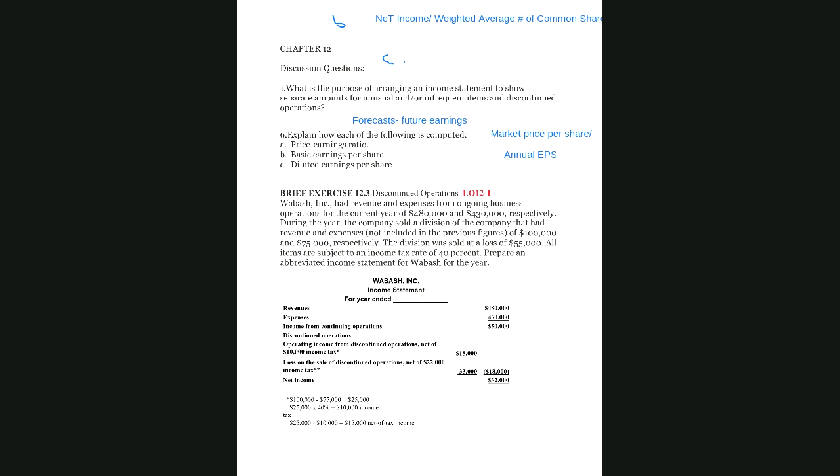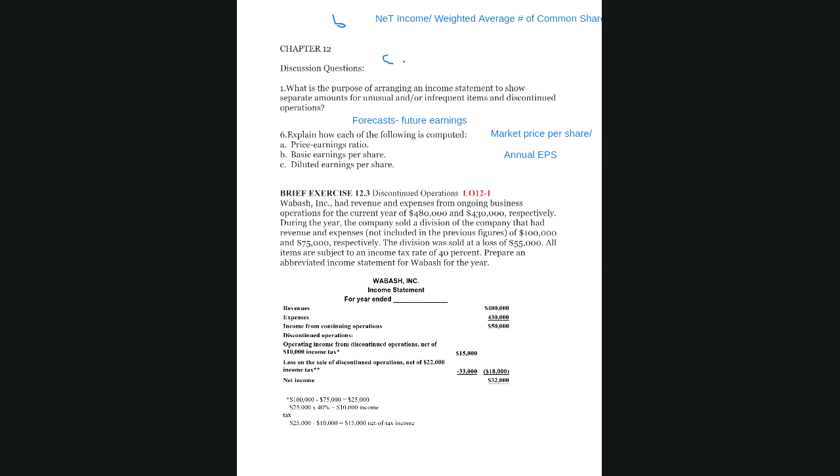Convertible securities. Remember, those convertible securities are convertible bonds, convertible preferred stock, and stock options that are outstanding. That's the only time you're going to have to calculate diluted earnings per share.